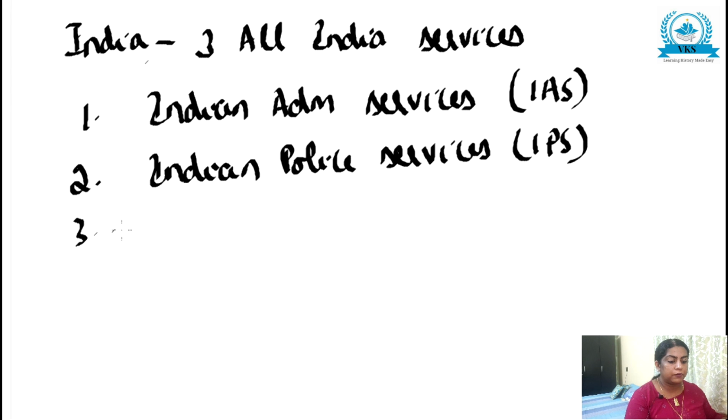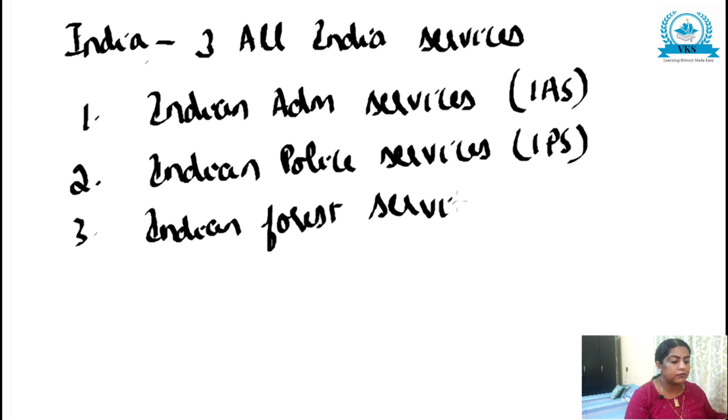And third one, Indian Forest Services, that is IFS. So there are 3 all India services currently in India: IAS, IPS and IFS, that is Indian Administrative Services, Indian Police Services and Indian Forest Services.